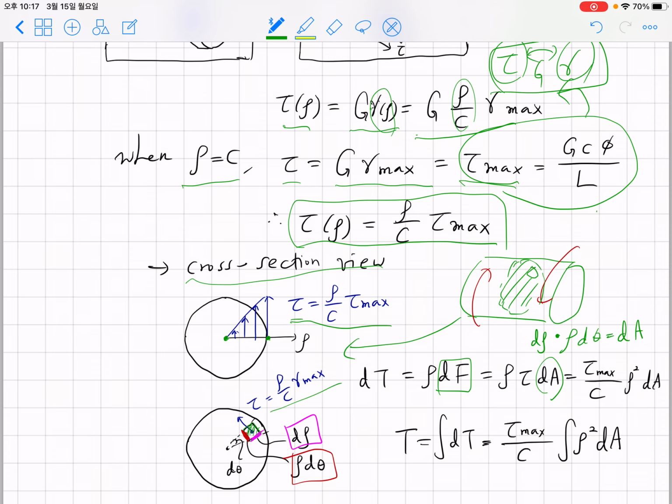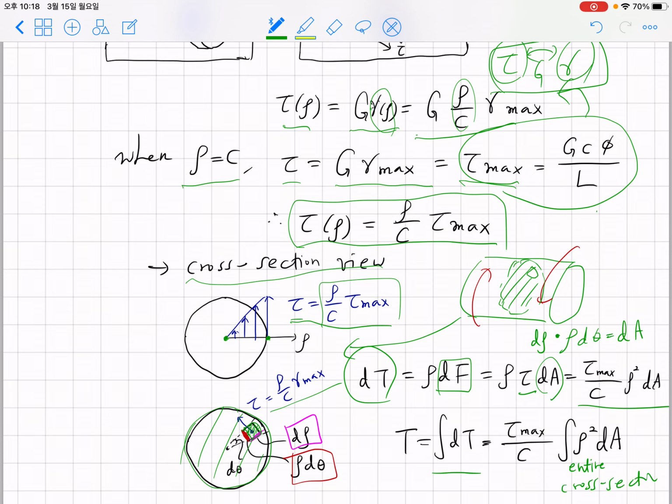Now, in the place of tau, you multiply rho over C times tau max. Then you can write the infinitesimal torsion acting on this infinitesimal area as tau max over C times rho squared dA. Now, to obtain the torsion for the entire plane, you have to do an integral over the entire surface, the entire cross-section.